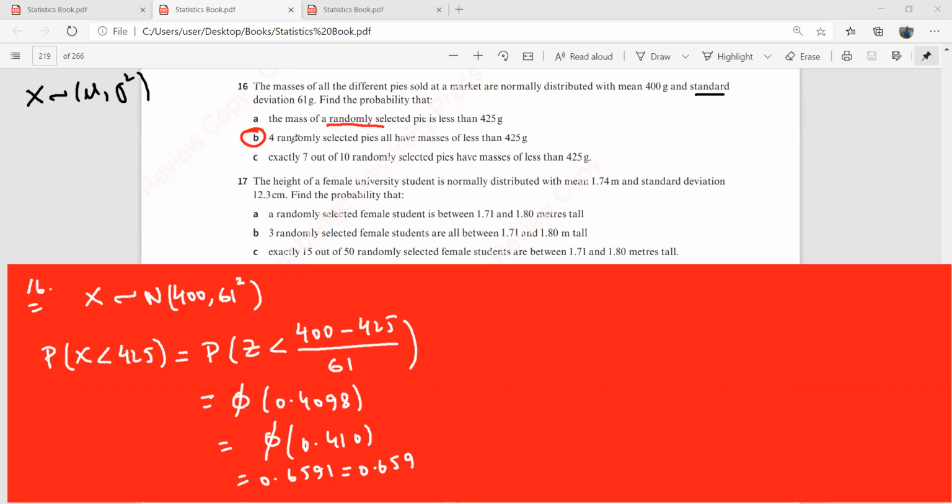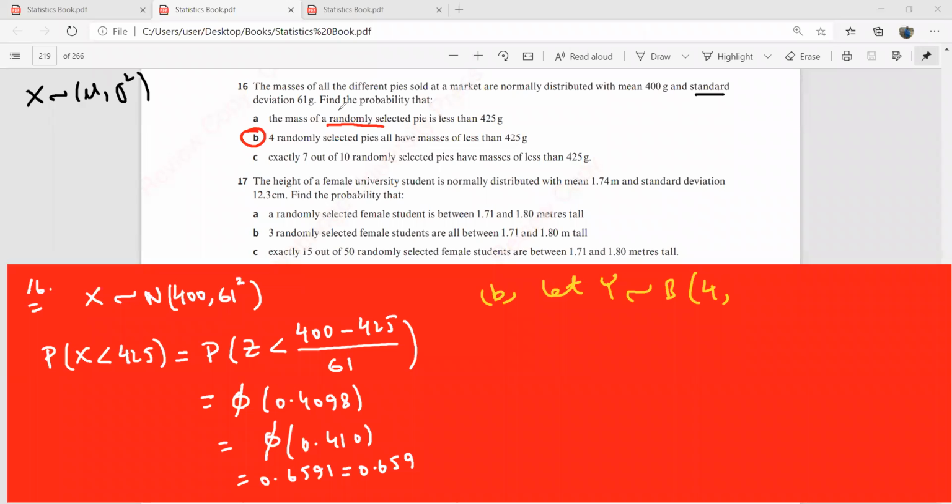So it says 4 randomly selected pies all have blah, blah, blah. Whenever you're given the n, you should have a doubt that this might be from a binomial distribution. So for the B part, I would say, let Y be binomially distributed, and your n is 4.